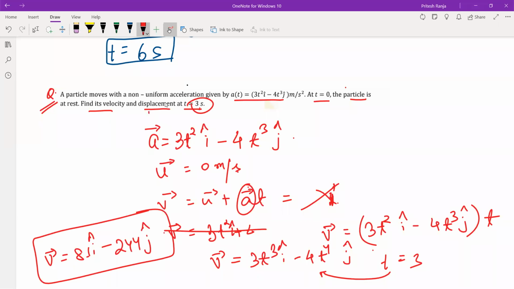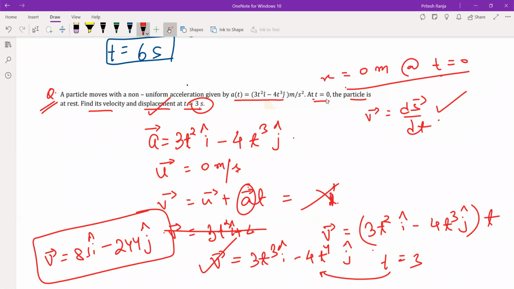Now how will we find the displacement vector? We will take this and equate it with ds by dt. Remember, this can be done only when it is known that the particle is at 0 meter at t equal to 0. Now this is not given. It is just given that at t equal to 0 the particle is at rest.